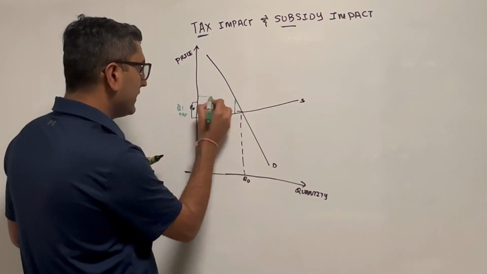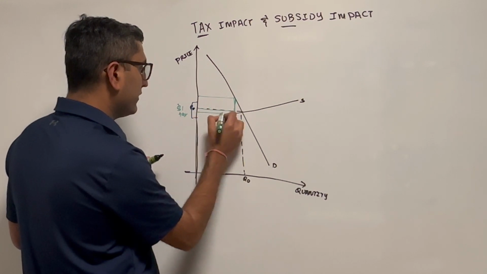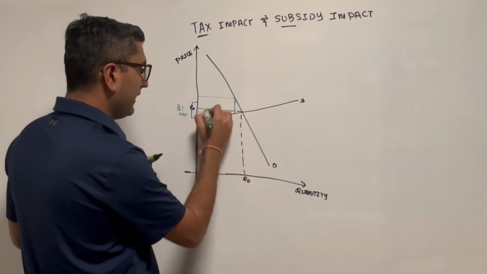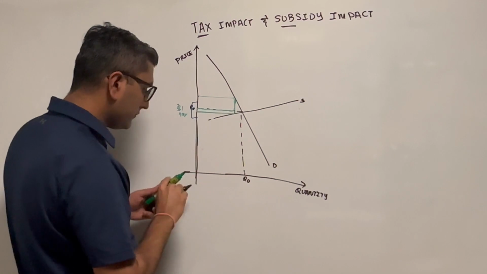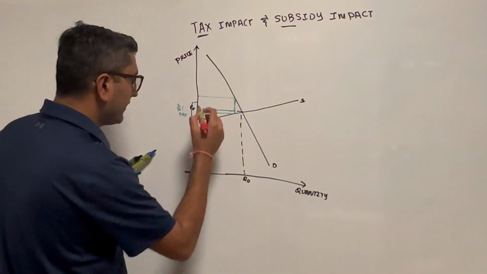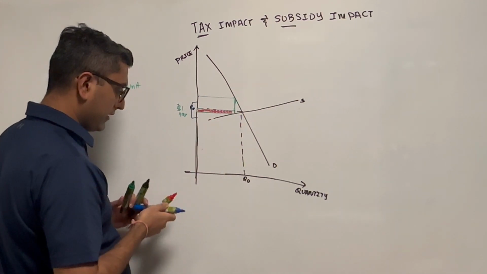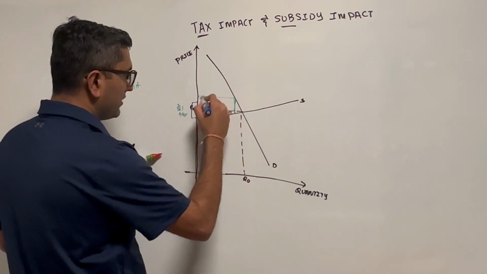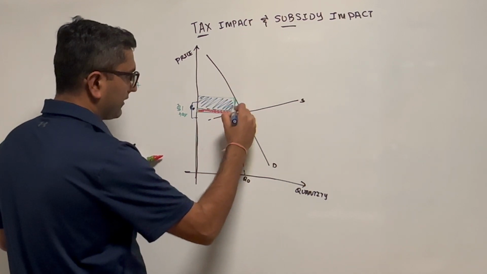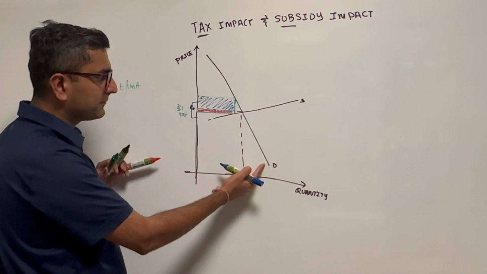And we see that now producers and consumers have a very different area that they're giving up. Producers are giving up much less to the government versus consumers are giving up much higher to the government. Why? Because the demand is highly inelastic.